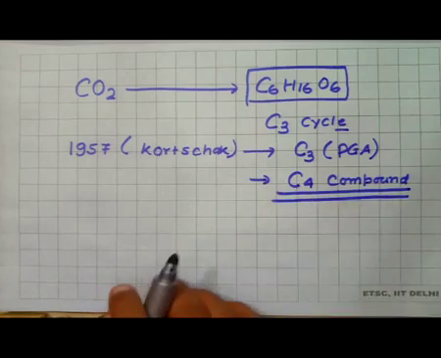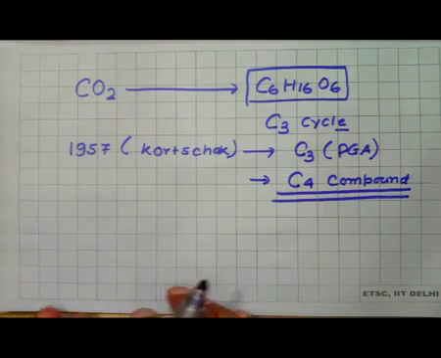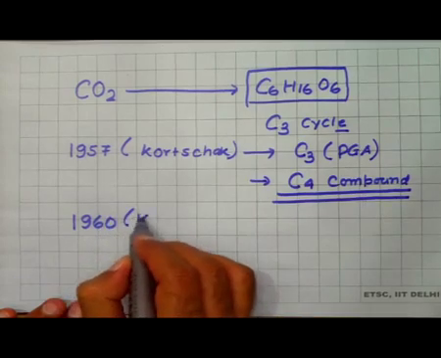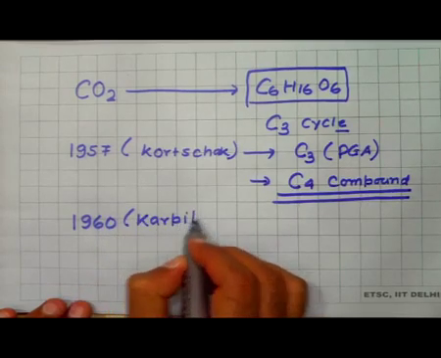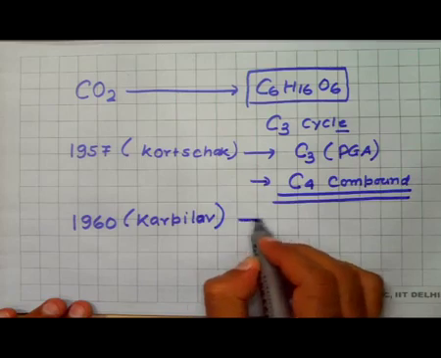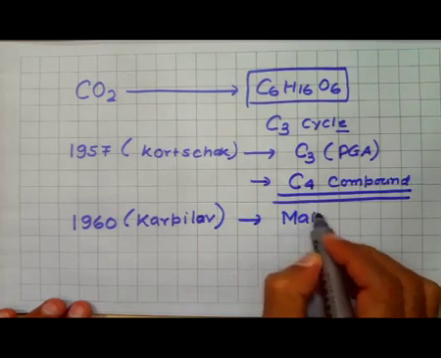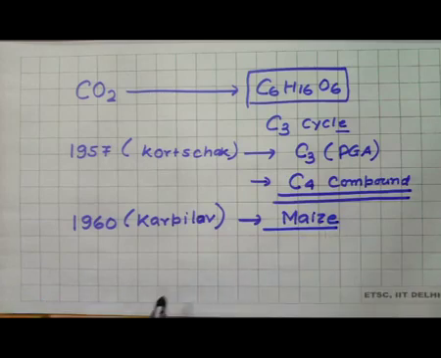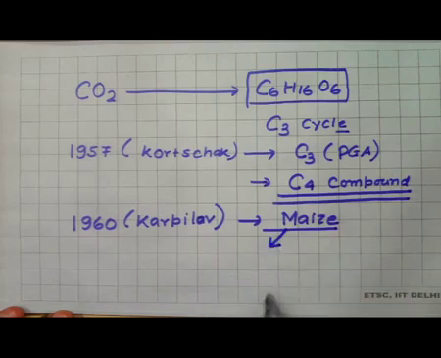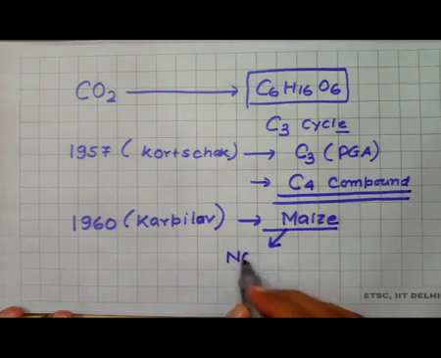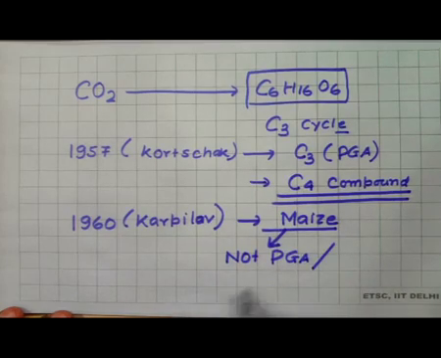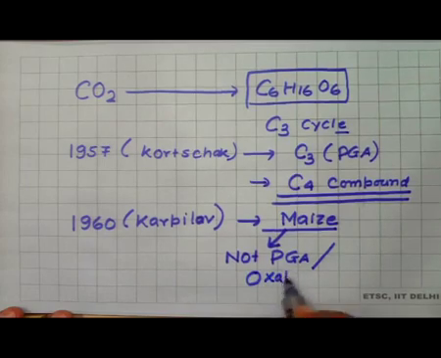Another scientist, in 1960, Karpilov, while working with the maize plant, was surprised that the first stable product is not phosphoglyceric acid; instead, oxaloacetic acid is formed.